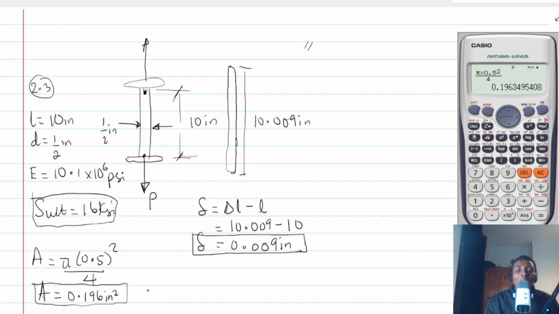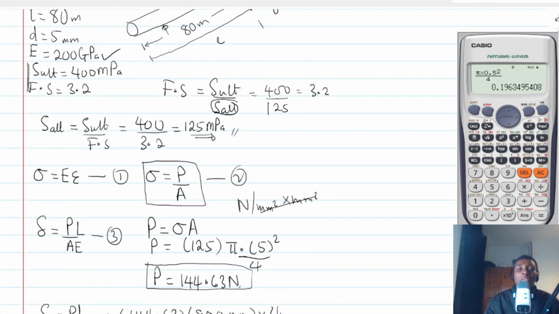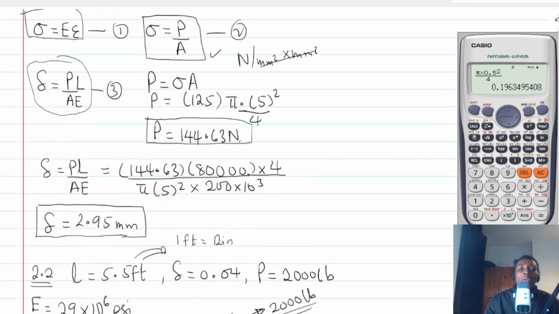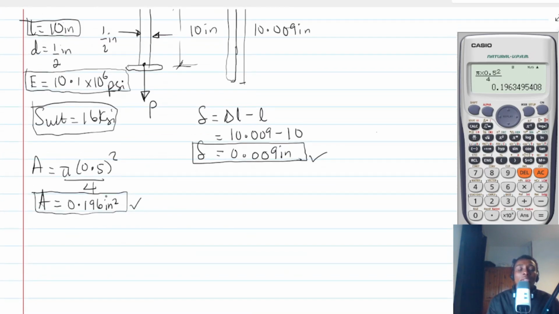All right, so we have the area, we have the extension, we have E, the Young's modulus, and we have the length. What do you think? If you remember, I gave you 3 equations from the beginning. What will be the formula to use here?